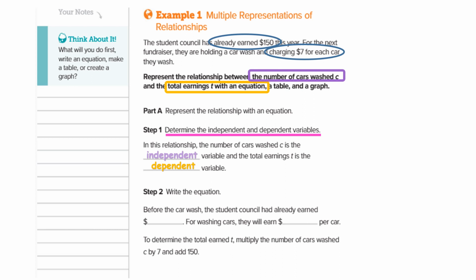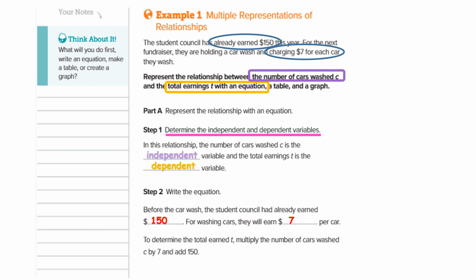So when I start looking at the information that's given, I know that I'm starting with $150. Once I have that $150, it's already set aside, then I figure out how much I'm going to earn during this next fundraiser. And I know I'm going to take $7 per car.